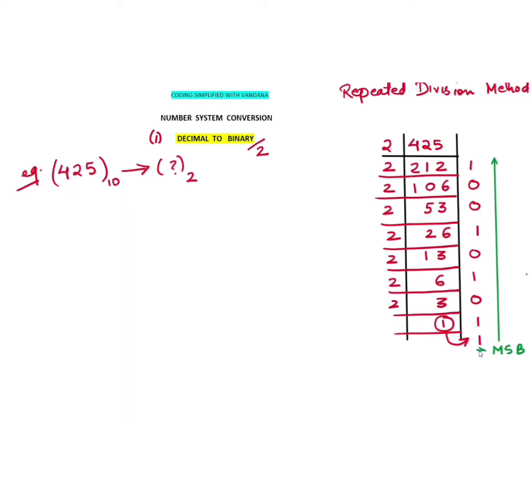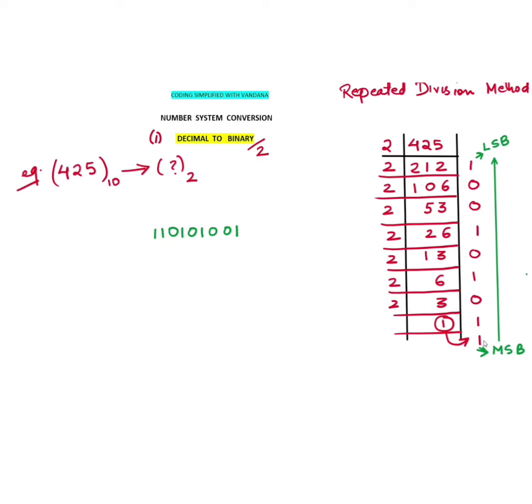So this last number is your most significant bit and this first number is your least significant bit. So now you can write the number starting from this last number in the reverse order. So the given binary number is 1, 1, 0, 1, 0, 1, 0, 0 and 1.